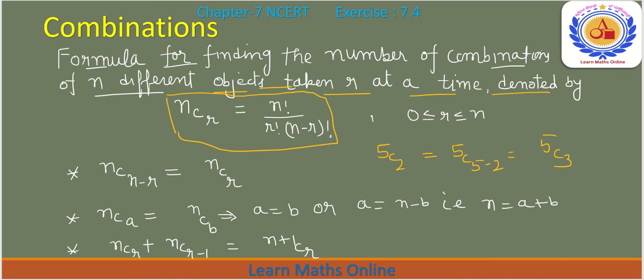The next standard result is: if nCa is equal to nCb, this implies either a will be equal to b or n will be equal to a plus b. In the same way, the next standard result is nCr plus nC(r minus 1) is equal to (n plus 1)Cr.